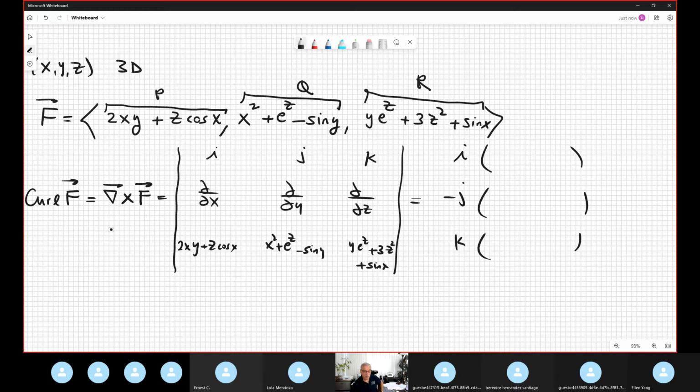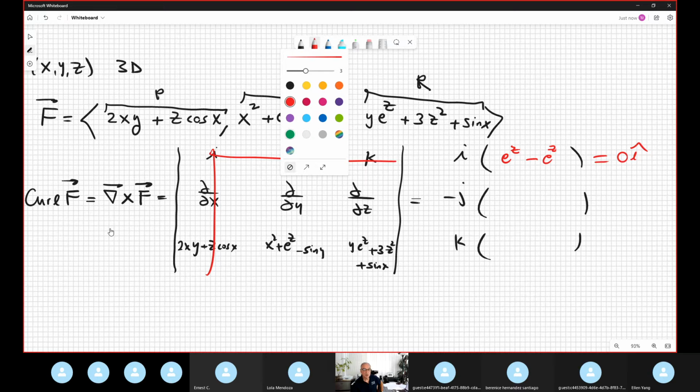Okay, there you go. For the first one, case i, you delete mentally this and this. You differentiate this with respect to y, which is obviously e to the z, no? This is positive, minus, and differentiate this with respect to z, which is e to the z. Wow, it's zero. Do you see?